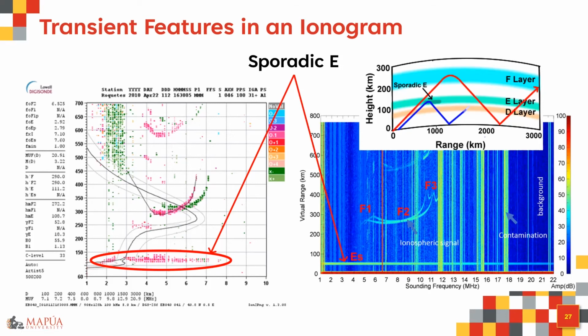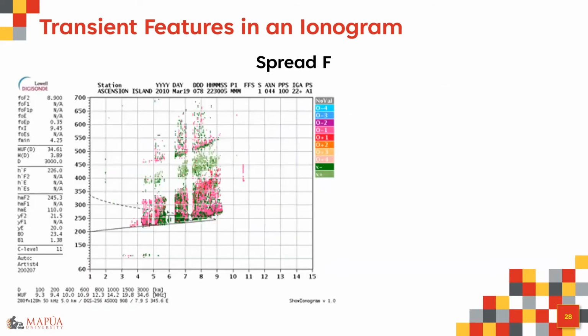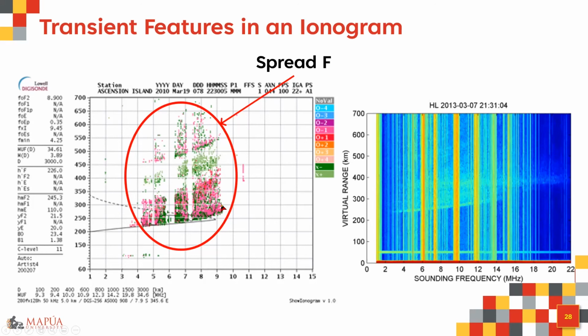Another transient feature in an ionogram is what we call the spread F. As the name suggests, it is the spreading of the F layer signature. Okay, so this is an example of that. So this is your F layer, and then above the F layer, there is spreading in the echo. This is actually a result of the presence of irregularities in the ionosphere.